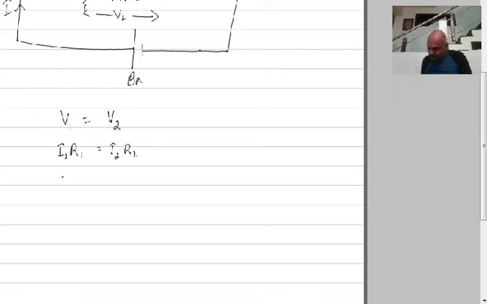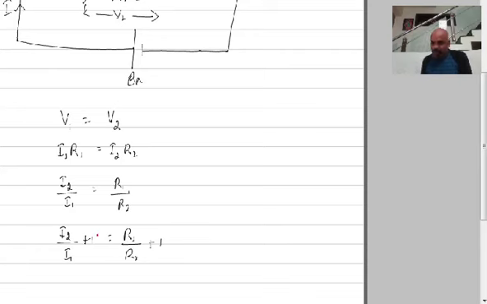Now if I write this as I2 divided by I1 is equal to R1 divided by R2, adding 1 on both sides, I2 divided by I1 plus 1 is equal to R1 divided by R2 plus 1.